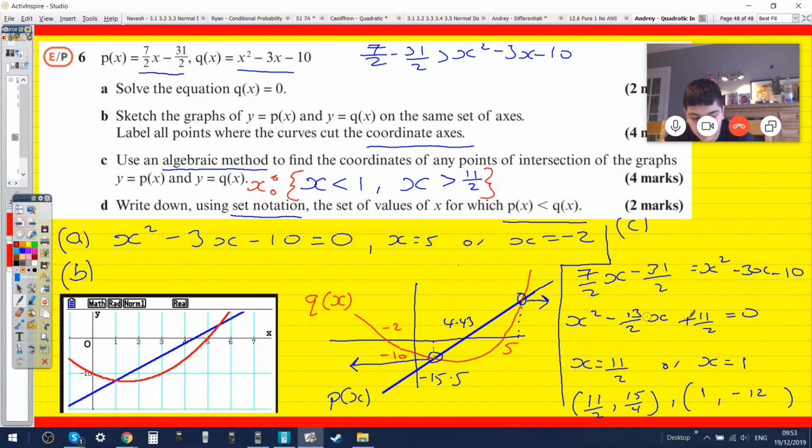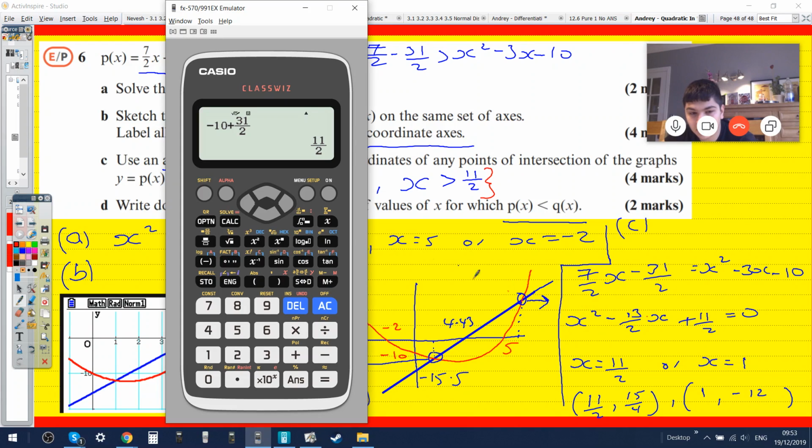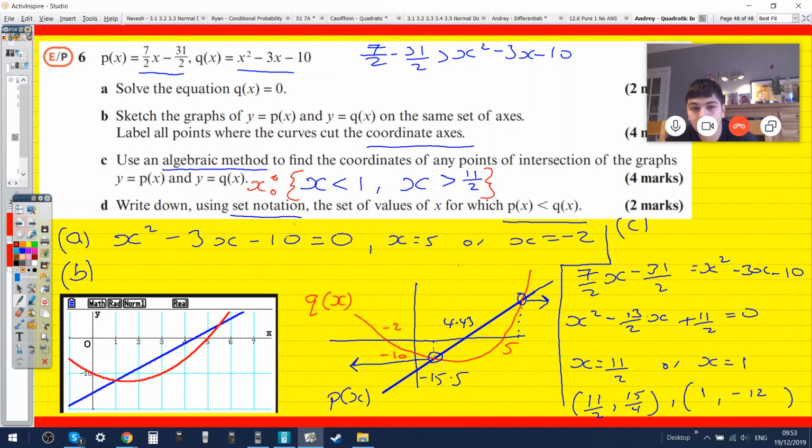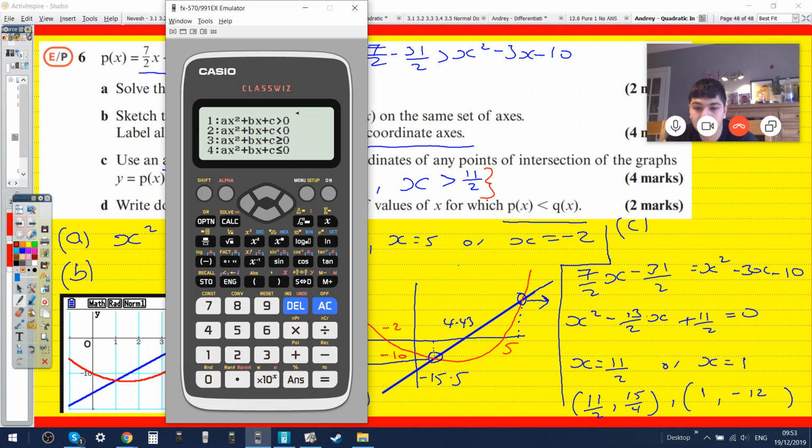So remember we did this quadratic earlier. If I do it instead as an inequality, less than 0, a is 1, this one is minus 13 over 2, and this was 11 over 2. Maybe I put those in wrong.